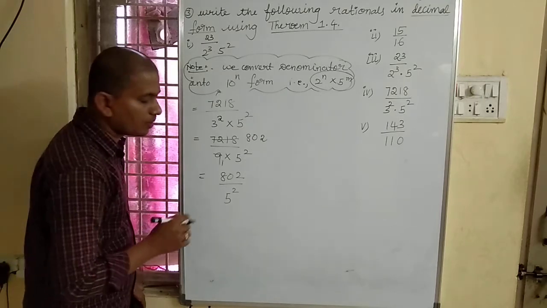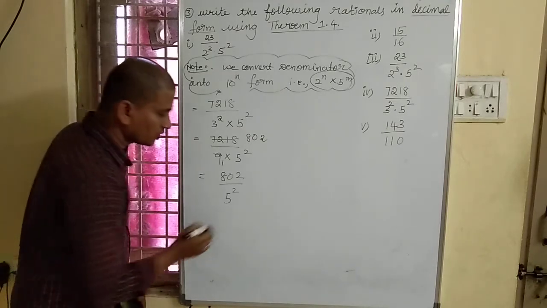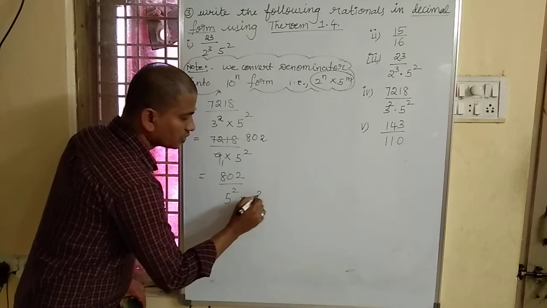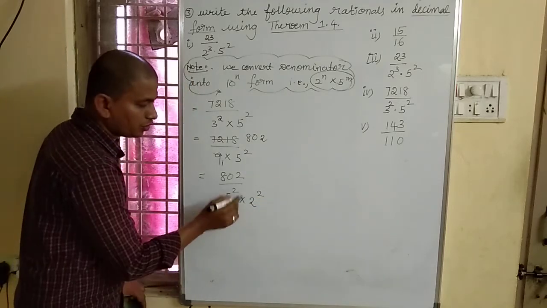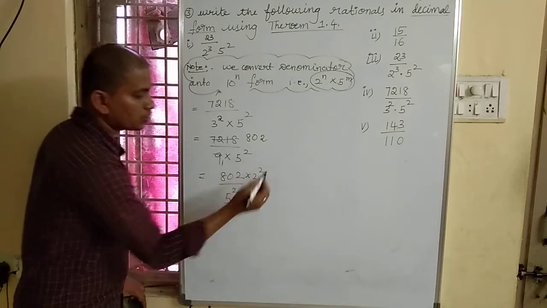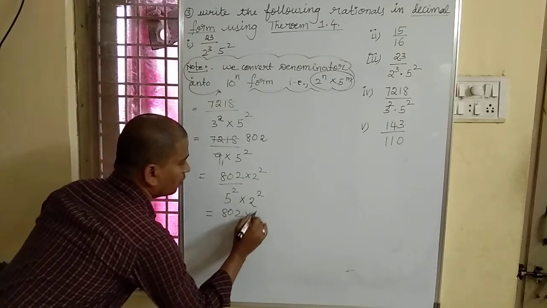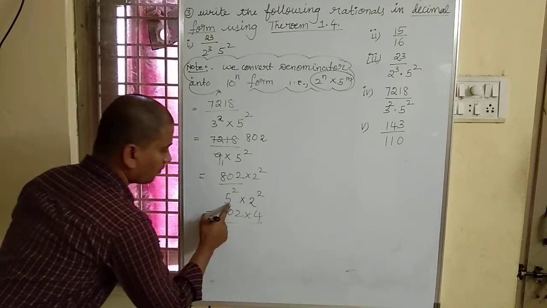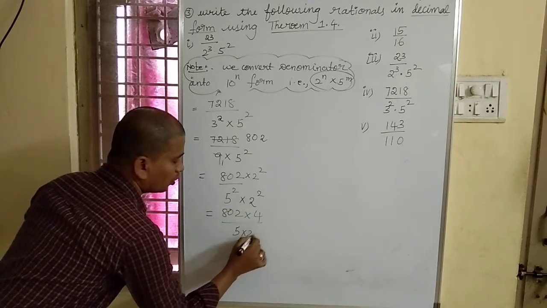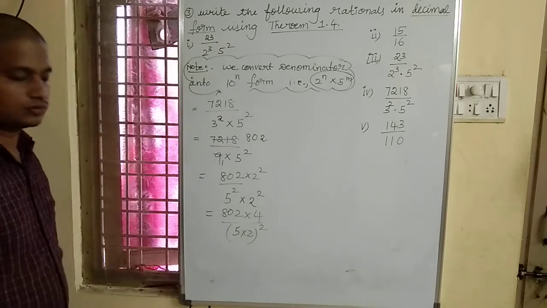So it should be in the form of 5 power m into 2 power n. So let me multiply by 2 square. If I multiply the denominator by 2 square, the numerator also by 2 square. So 802 into 4 by 5 into 2 all to the power 2.